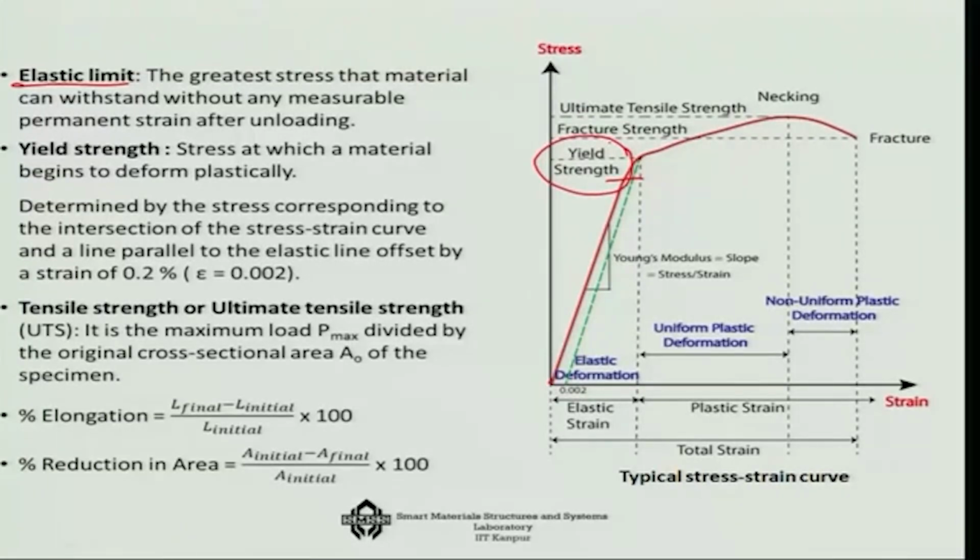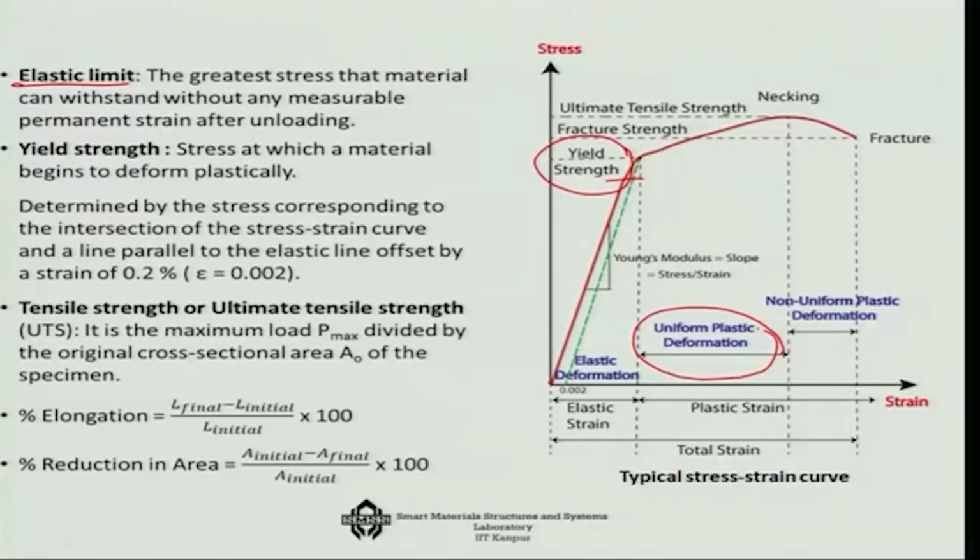Beyond the yield strength point, the material will start to deform plastically. So, if you start to unload, some amount of deformation will always remain in the system, and that is why the yield strength is very important, because it marks the onset of plastic deformation in the system.